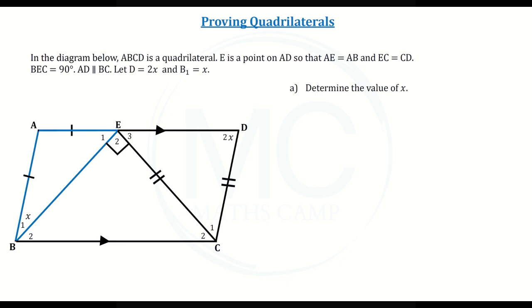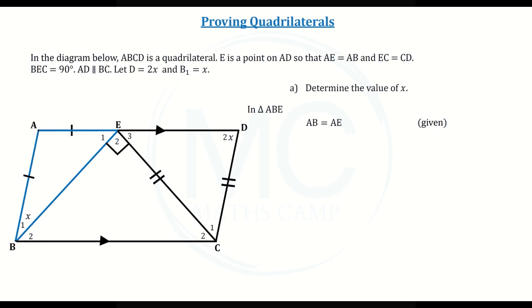We can see that AB is the same length as AE. So this is an isosceles triangle. We know that isosceles triangles have 2 equal sides and 2 equal angles. So we can say in triangle ABE, we know that AB is equal to AE because this has been given to us in the question.